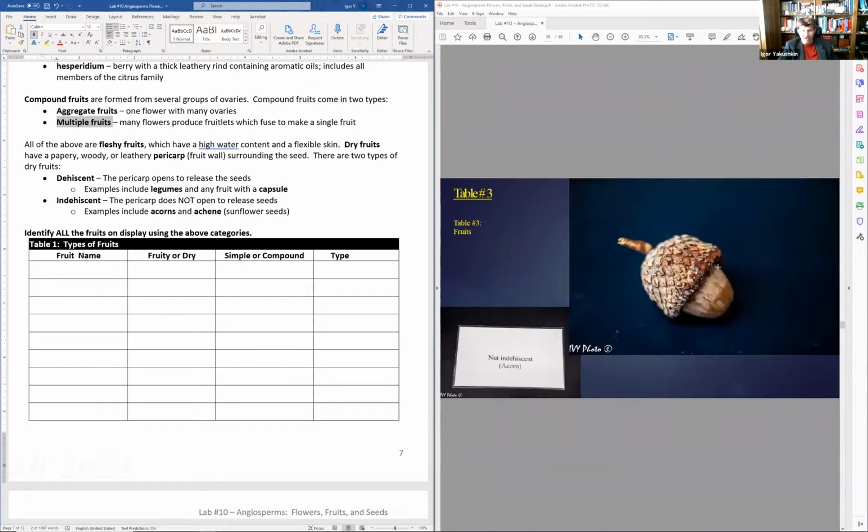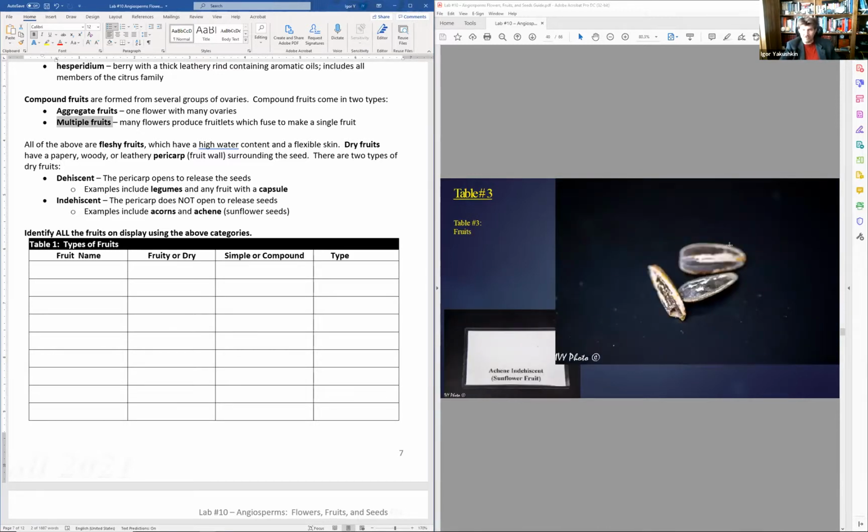All right, now acorn from my neighbor's tree. Acorns. Right here, we're looking at whenever the acorn falls off, that particular fruit part will not open up, releasing the seeds. So that would be indehiscent. Same thing with the sunflower seeds, whenever they come out as the sunflower seeds.